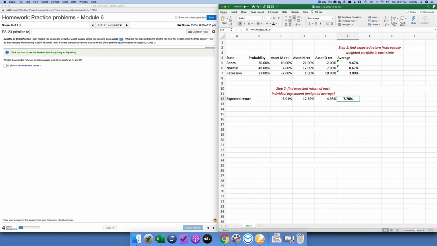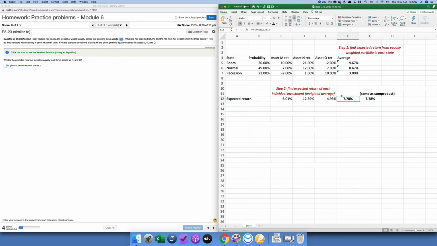Okay, we can just simply take the average of this, so that's what this calculation is, it's just an average, or we could verify that this in fact is the same as using that sum product. So the sum product was the average return in each of the states of nature times the probability in each state of nature, right? So mathematically, you can get to these same numbers from two different pathways.